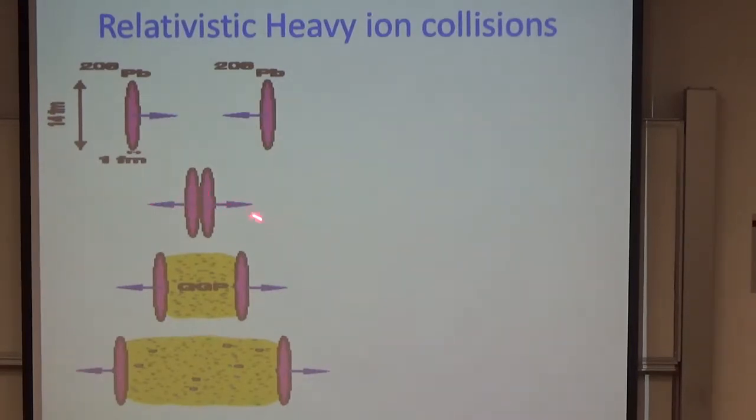In a very short time, when they collide, that high energy will essentially create a large number of particles, and they will thermalize and create very high temperature. That will essentially melt the nucleons inside the nuclei, and then you will form a quark plasma.